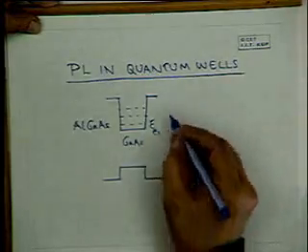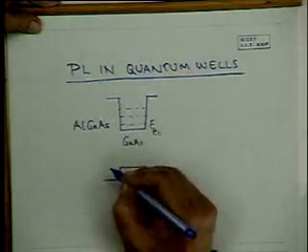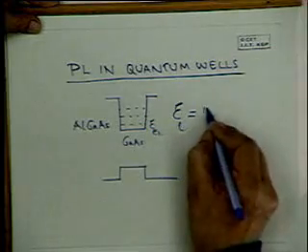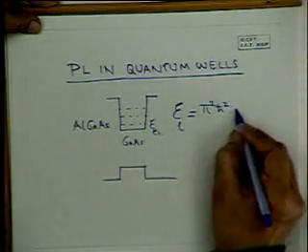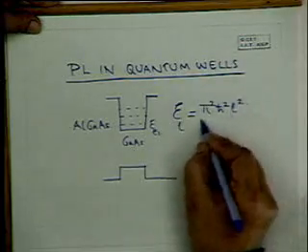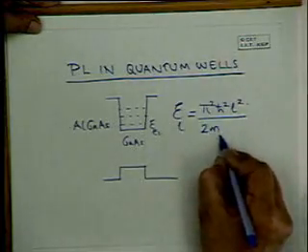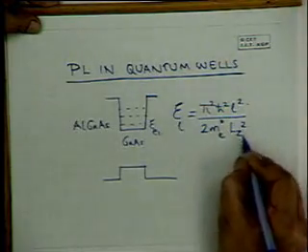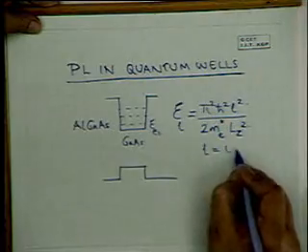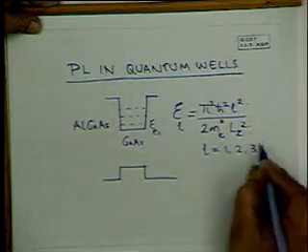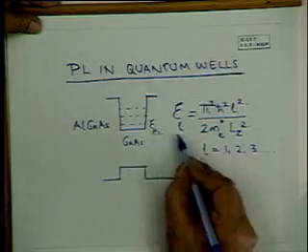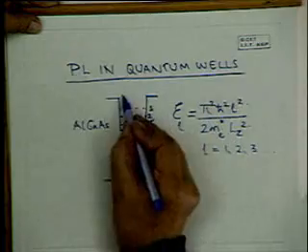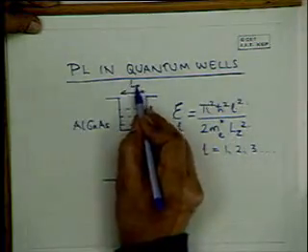And for the case of electrons in the conduction band, we have that these energies E_l are given by pi squared h-bar squared l squared over twice m_e, where m_e is the effective mass, over L_z squared, where l can take integral values 1, 2, 3, etc. So we can put E1 is the lowest one, this is 2, this is 3, and L_z is the width of the well.